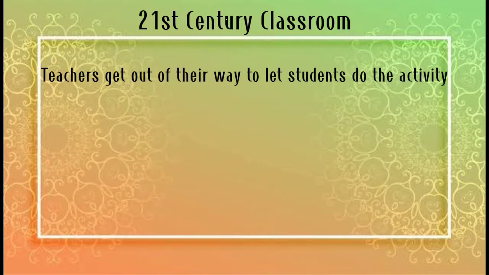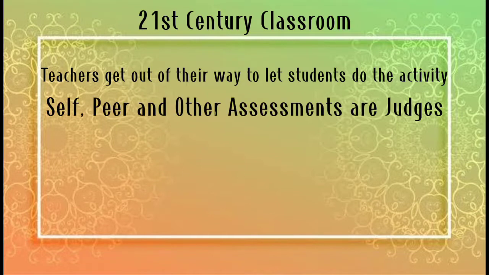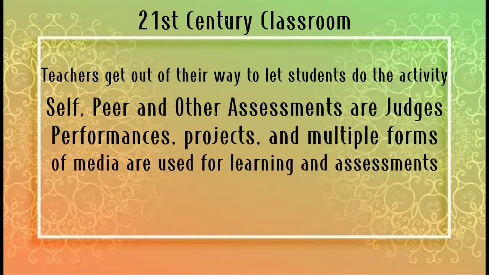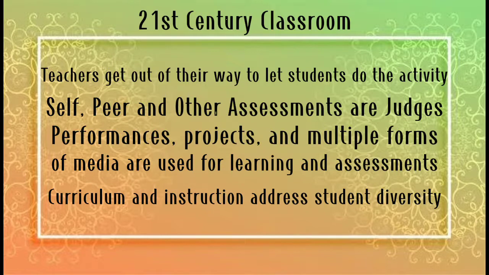Teachers get out of their way to let students do the activity. Self, peer, and other assessments are the judges. Performances, projects, and multiple forms of media are used for learning and assessment. Lastly, curriculum and instruction address student diversity.